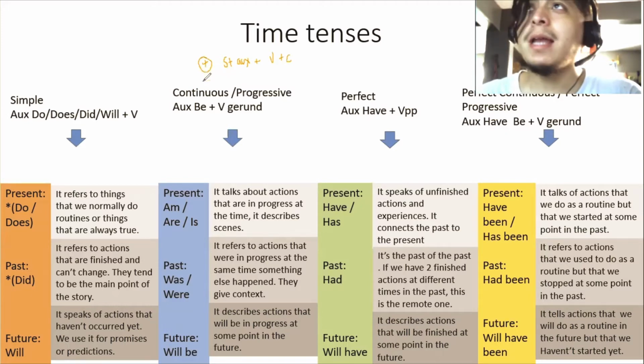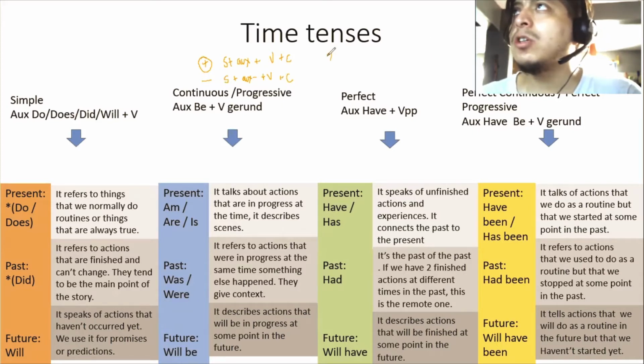If you want to make a negative statement, subject, the auxiliary takes the negative, you have your verb, and then your complement. If you want to make a question, the only difference is the subject and the auxiliary switch positions. You start with the auxiliary, then the subject, then the verb, and then the complement. If you want to make an information question, you start with a question word, auxiliary first, verb, and complement.